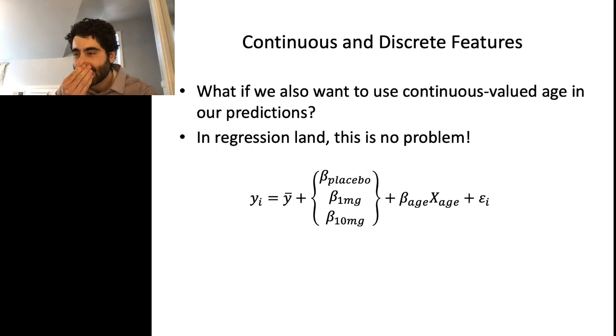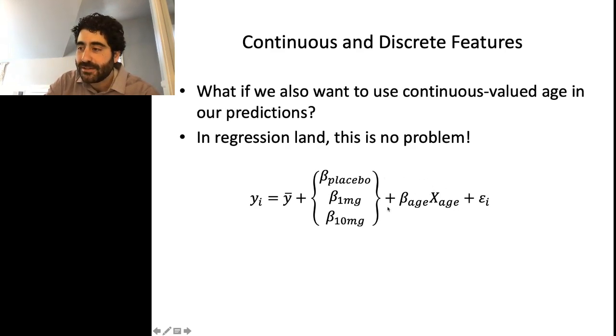All we have to do is, for example, if we want to use both people's drug group as well as their age as a continuous predictor, we can just write down this regression equation. We're starting with this baseline prediction of the mean. We're going to make some adjustment based on drug group, and then we're going to make some adjustment based on your age, right?